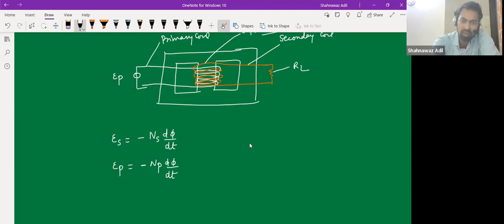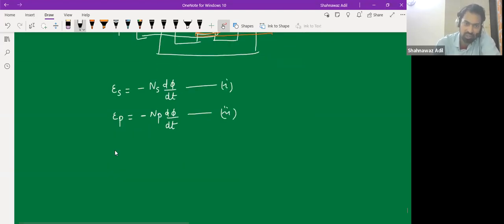Let's say this is equation 1 and this is equation 2. So if we divide these two equations, then ES by EP would be equal to NS by NP, right?